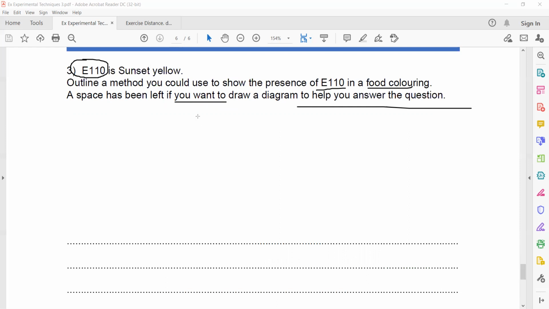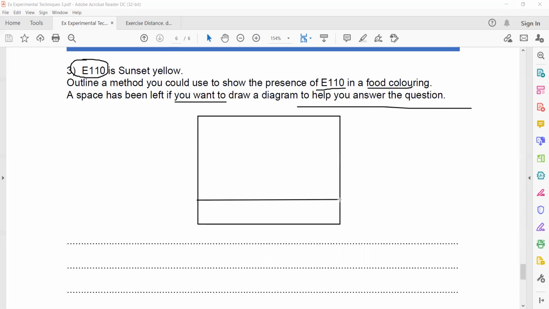So what we will do, we can do in two manners. We can take a chromatogram, draw the origin with pencil, and then we will place a food color. So food color I'm writing like FC, and then we will take E110, the actual E110. So how can we work this out?